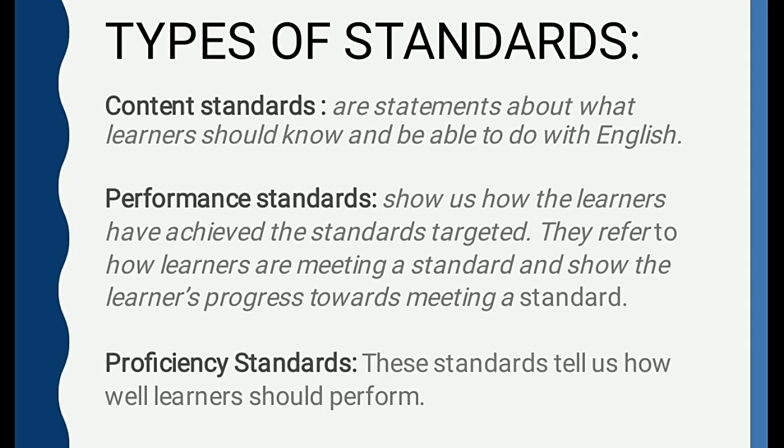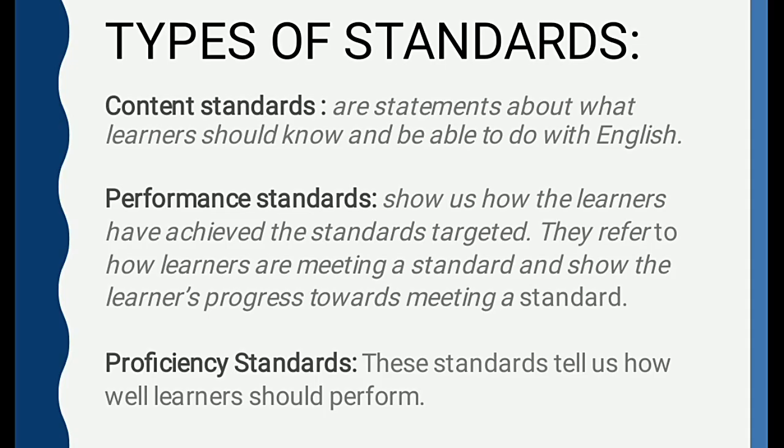Content standards specify what learners should know and be able to do with the language, unlike the traditional methods which simply deal with what students should know about the language. Performance standards describe how students will show that they have achieved the content standards.